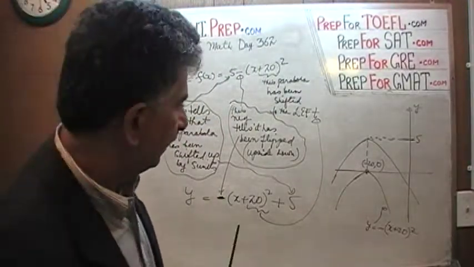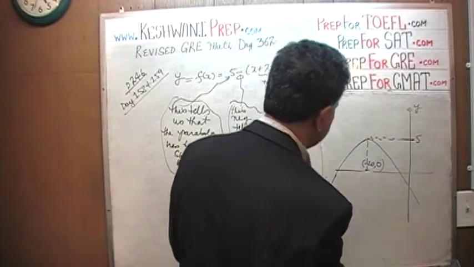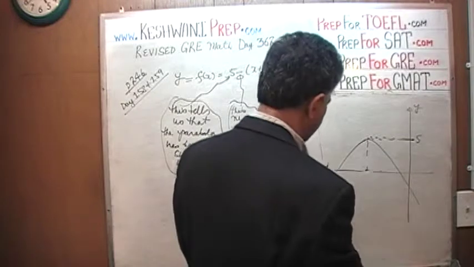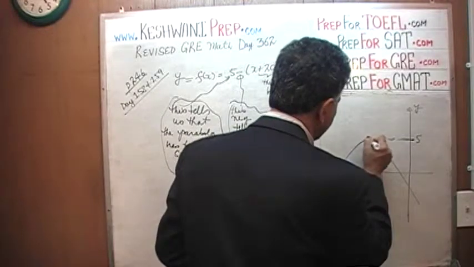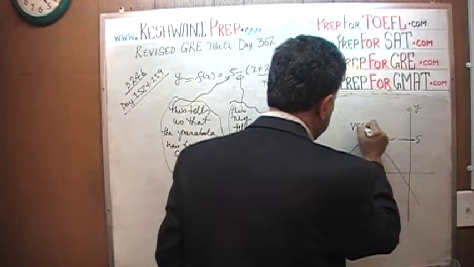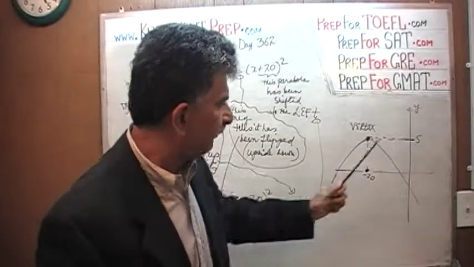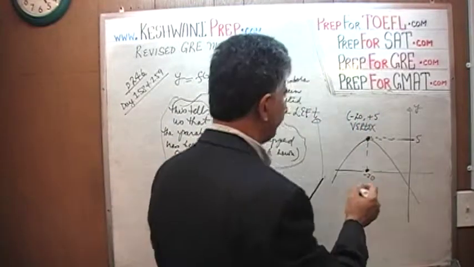It's just in the way. So this thing is negative 20, and this is the vertex. The vertex of this parabola is negative 20 and a positive 5.